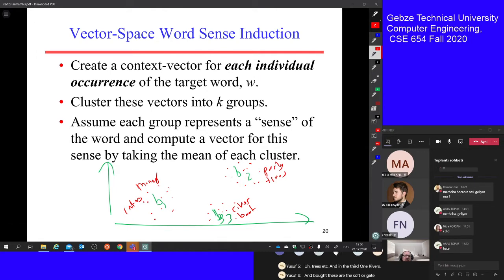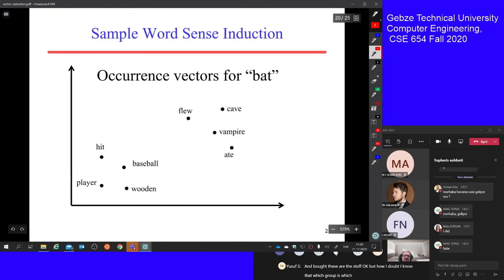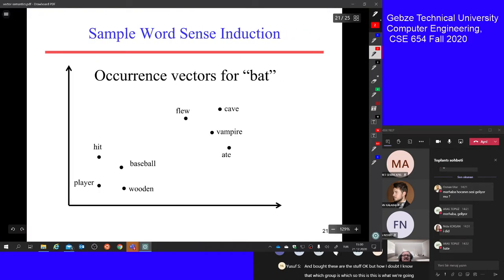But how do I know which group is which? So this is what we are going to do. Let's say it is not doing it for bank, but for bat. In English, bat has at least 2 meanings. One is the stick that you use in baseball games, baseball sopası.